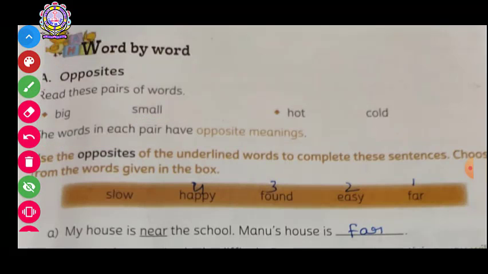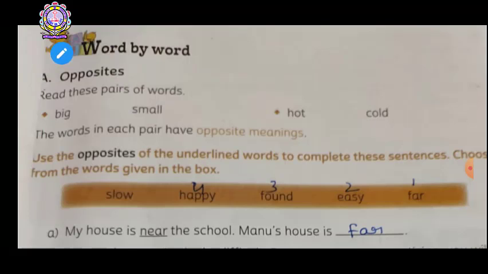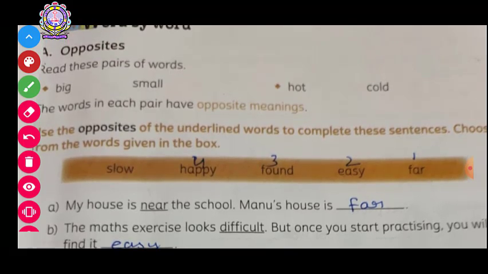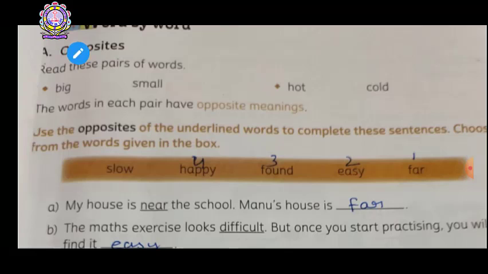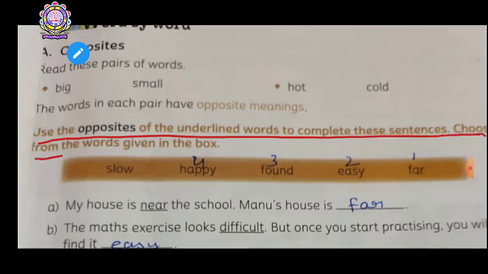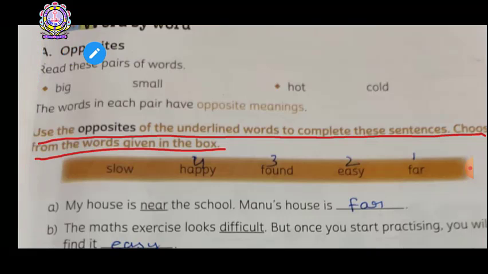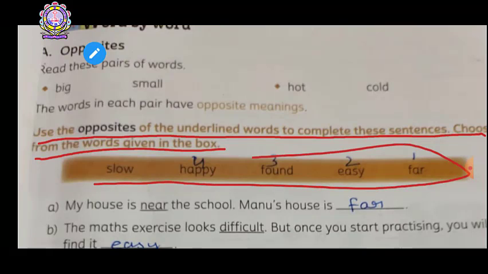Yes. So now we will move further to what is written. Use the opposites of the underlined words to complete these sentences. Choose from the words given in the box. Now this line is saying that you have to choose the words from this box, as you can see, the box is here, to fill in the blank.